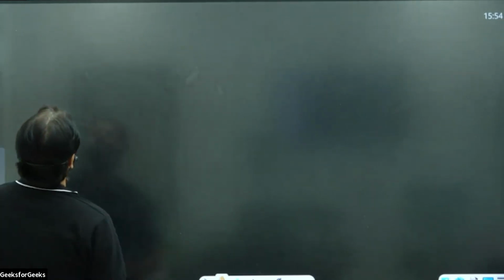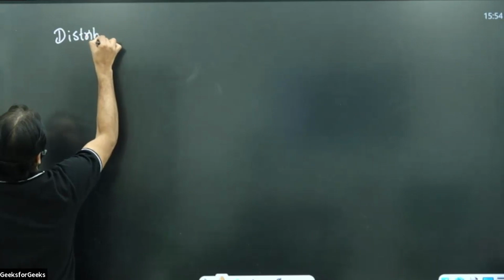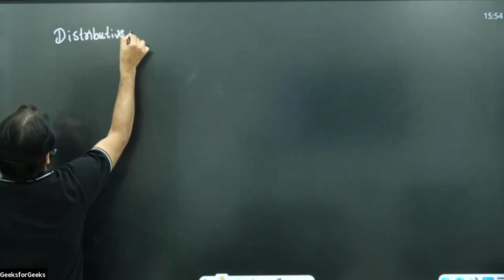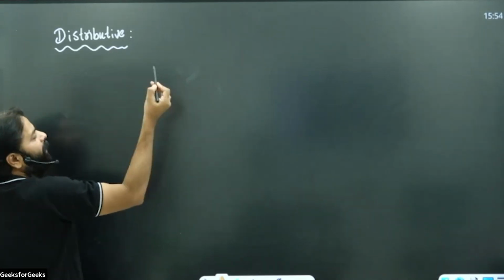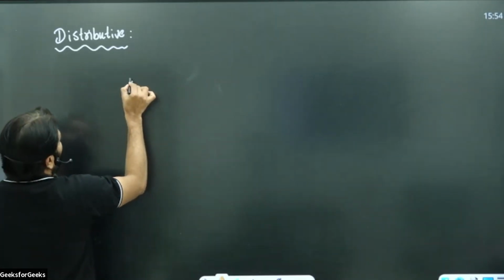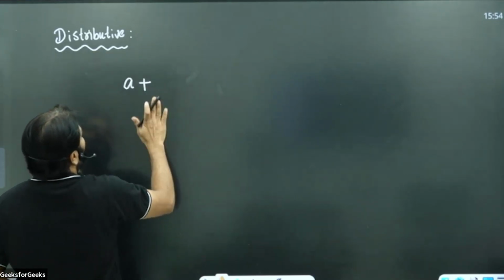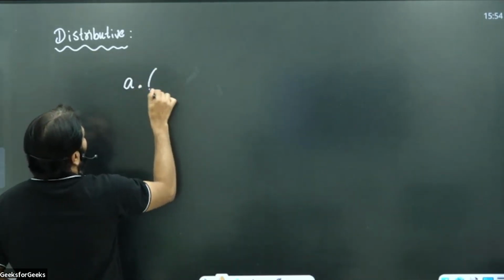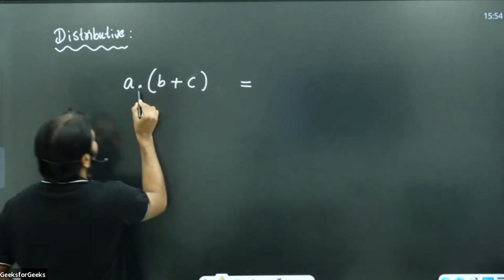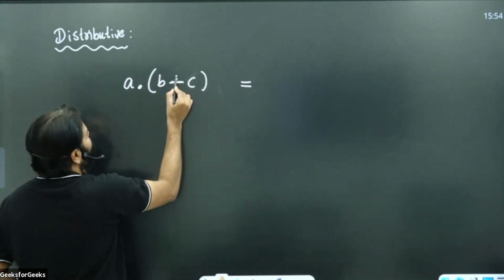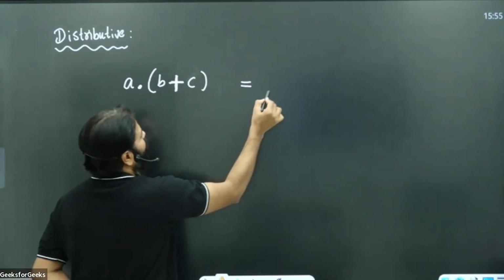The very interesting property is distributive. Now we know R in concatenation, so somebody can use one operator over other operator. Example, A dot B plus C. Now can I apply, this is called as a dot over the plus. Dot over plus. Can I apply that?